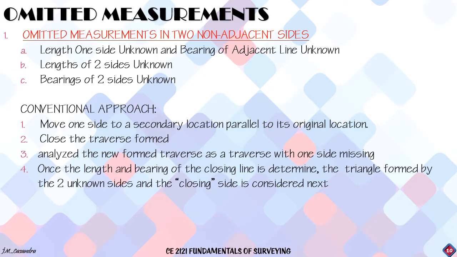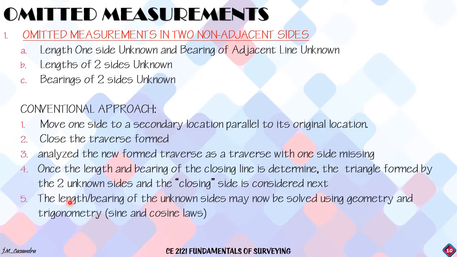And then, once the length and bearing of your closing line is determined, we now consider the triangle formed by your closing line and the two known sides. For this, we'll also be moving one of the unknown sides in order to form a triangle. From here, we can now compute for the length or the bearing of the unknown sides by sine law and cosine law, or from geometry and trigonometry.